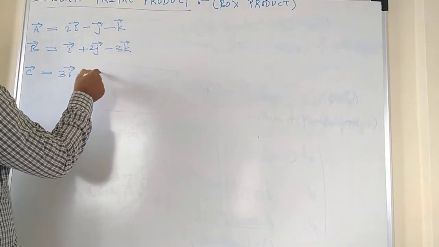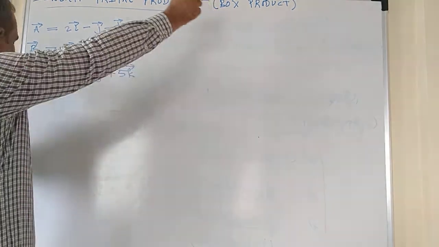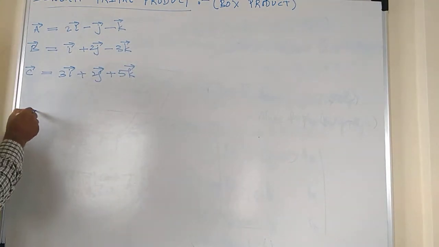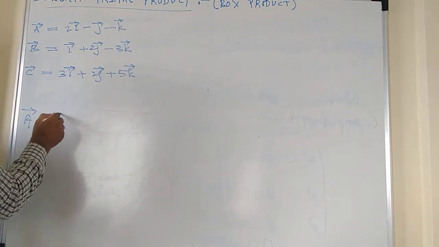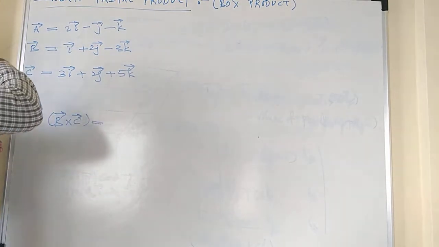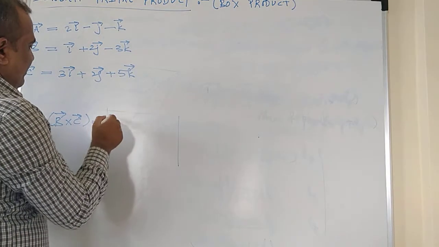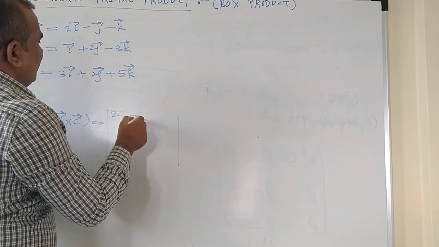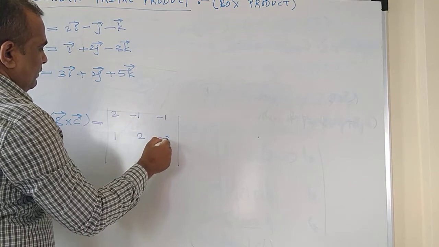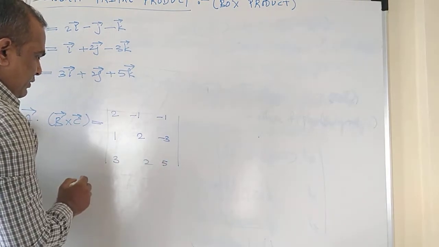These are the three vectors. So therefore the scalar triple product a bar dot b bar cross c bar will be equal to, now take the determinant of the components of the three vectors. So this is 2, minus 1, minus 1; 1, 2, minus 3; 3, 2 and 5.